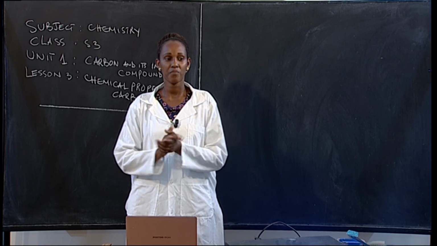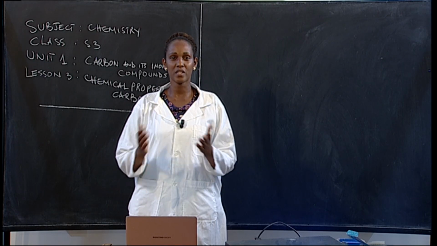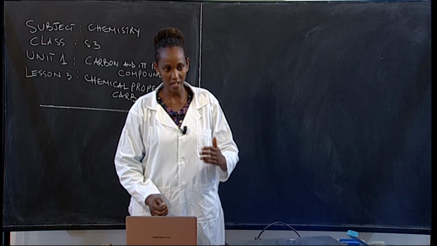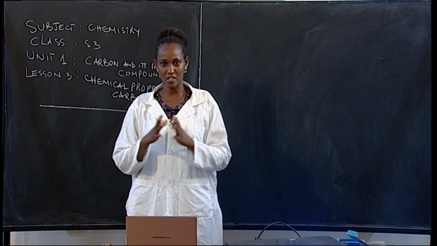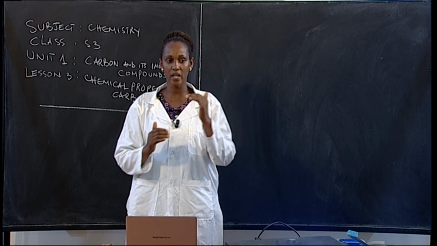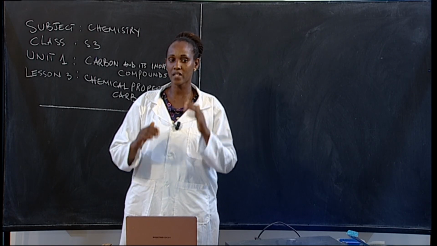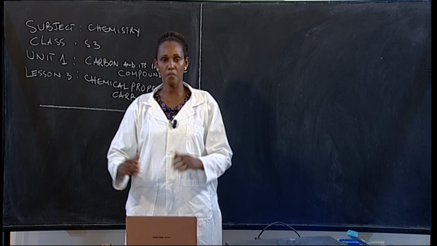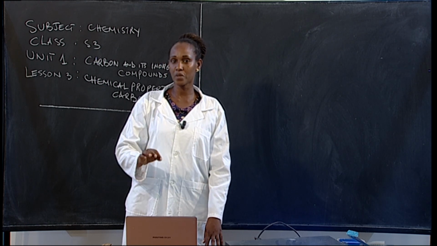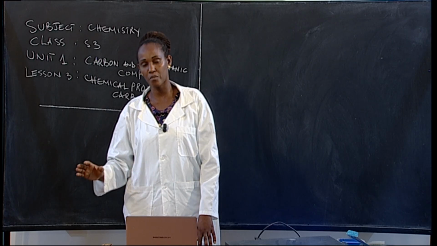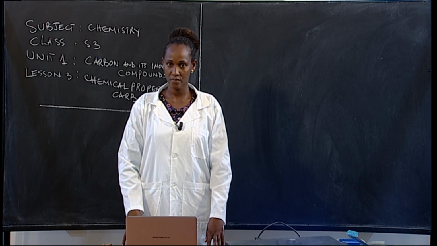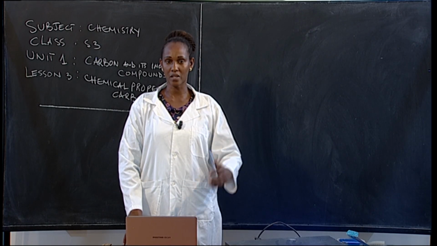All right. So, what is the objective of today's lesson? The objective of today's lesson is, at the end of this lesson, everybody here in this class will be able to explain the chemical properties of carbon and its compounds. How does carbon react with other substances or compounds or elements?